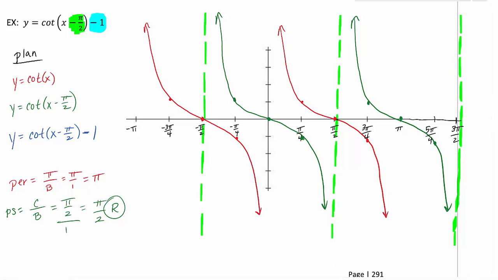The last thing we have to deal with is that minus 1 on the outside. That's a vertical shift. And we're just going to go d units in whatever direction it says. So we're going to have a vertical shift of down 1. We want to ask ourselves, are our vertical asymptotes affected by this vertical shift down 1? No, they're not. So they're going to stay right where they're at.